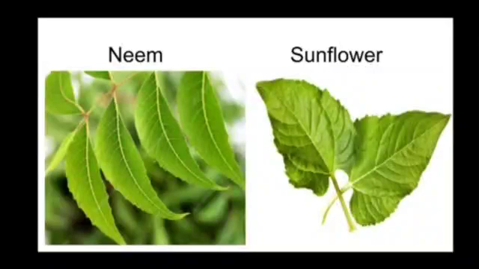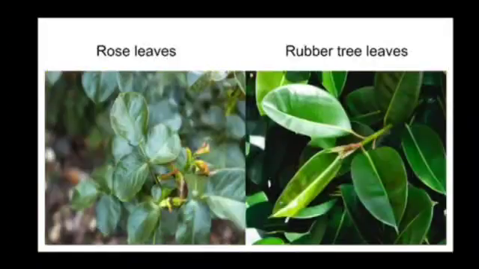Some leaves are very thin, some are very soft, some are rough if we touch them, some are thick, some are smooth. The leaf of basil and neem are very soft if we touch them, and those of sunflower and rose leaves have a rough texture, and those of a rubber plant are leathery.